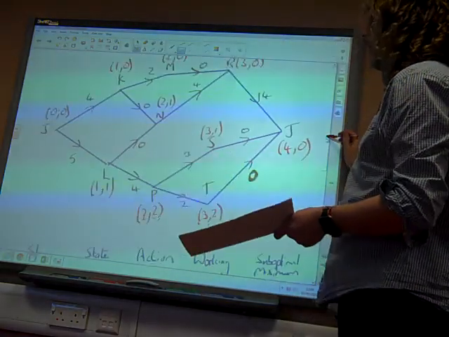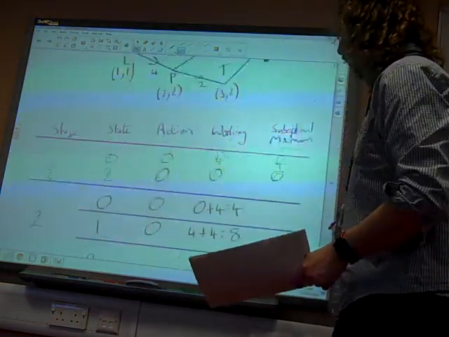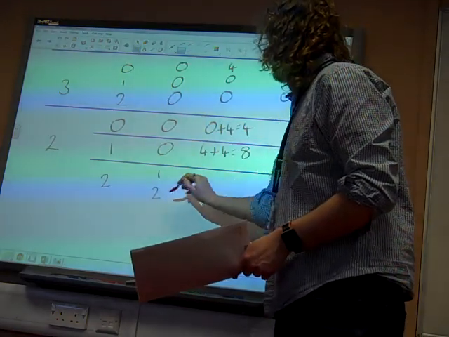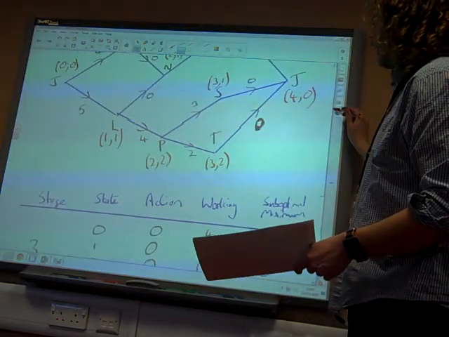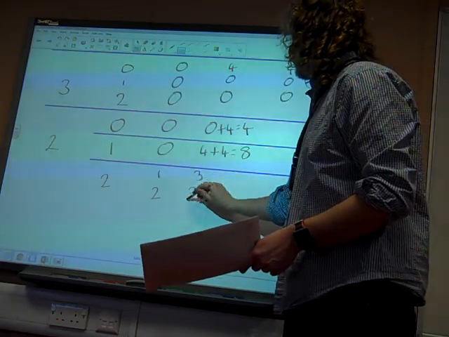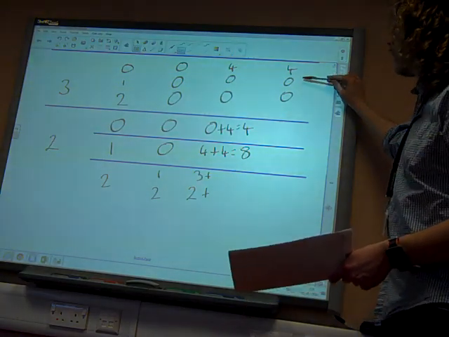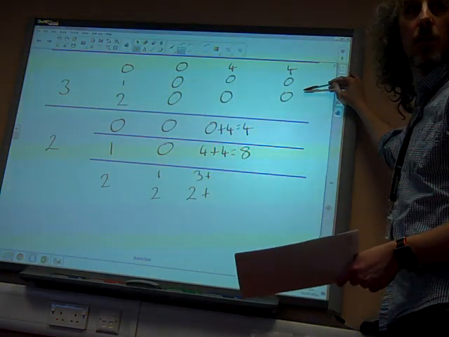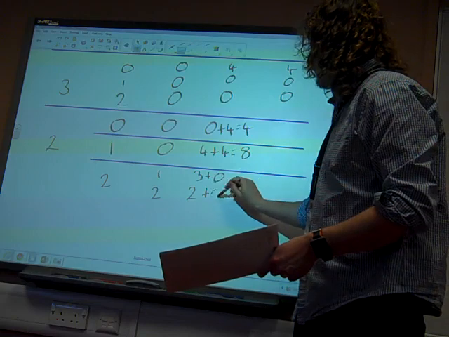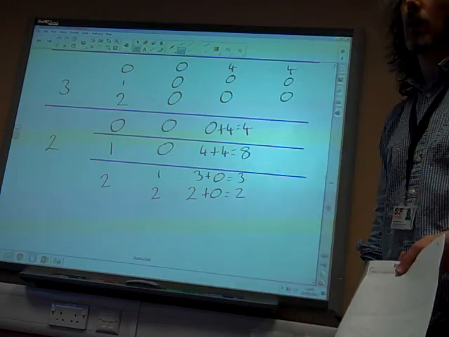State 2 has two actions, actions 1 and 2. And actions 1 and 2 have values of 3 and 2. And 1 and 2 from up here had values of 0. So we're adding 0 to each of these, giving us 3 and 2 there.